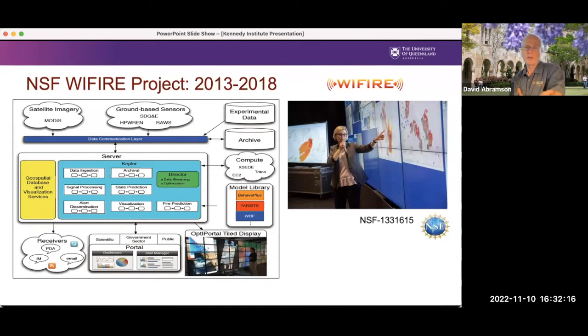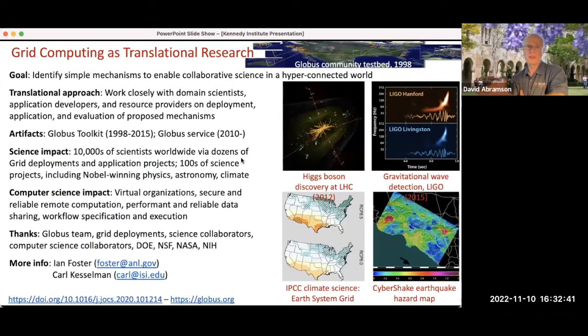This is a project called WIFIRE, in which advanced computational models, weather models, data from the field, IoT, is being integrated into fairly sophisticated real-time workflows that are then used in wildfire mitigation. So again, equally applied and equally relevant, and good computer science coming out of it.